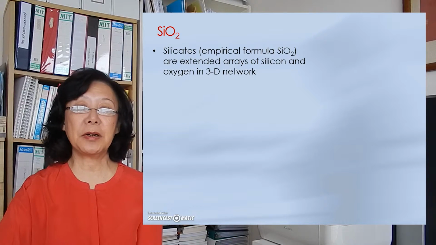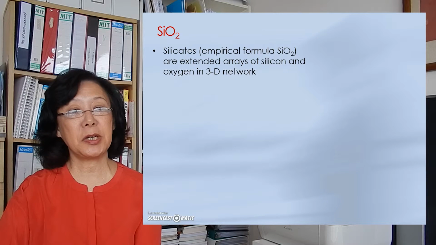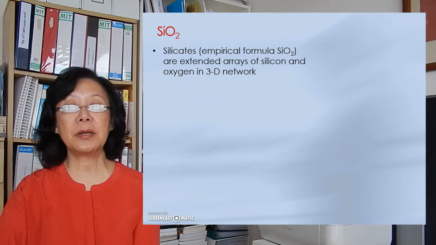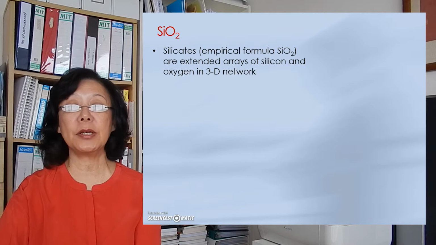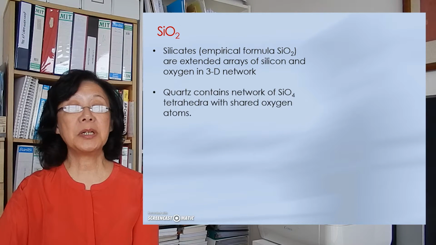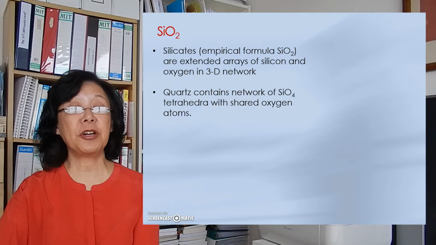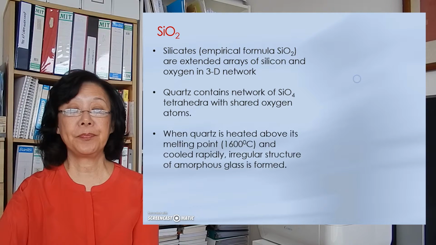Now, silicon dioxide, silicate, with an empirical formula of SiO2, are extended arrays of silicon and oxygen in a three-dimensional network. Quartz is made up of a network of SiO4 tetrahedra with shared oxygen atoms.